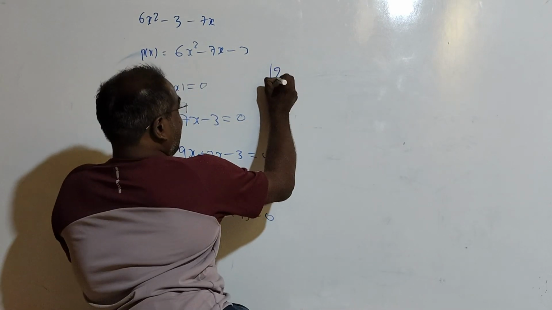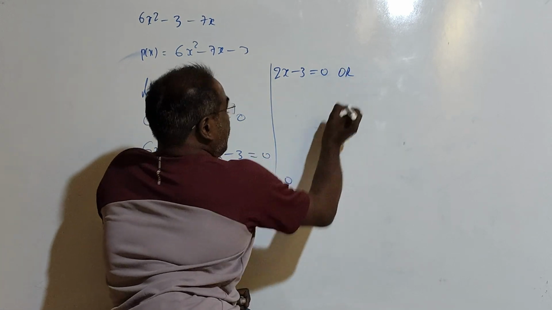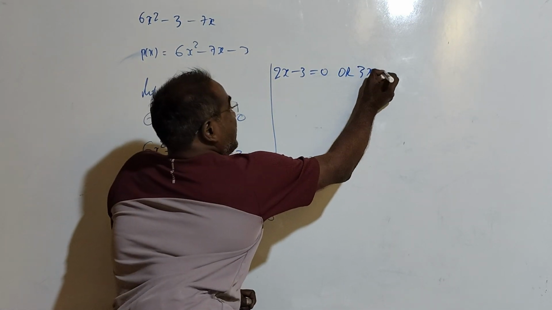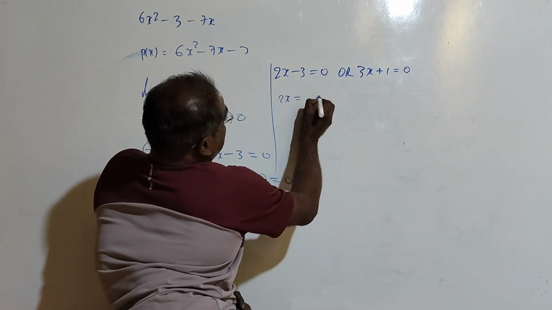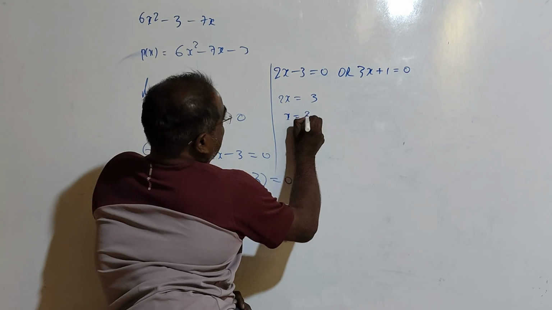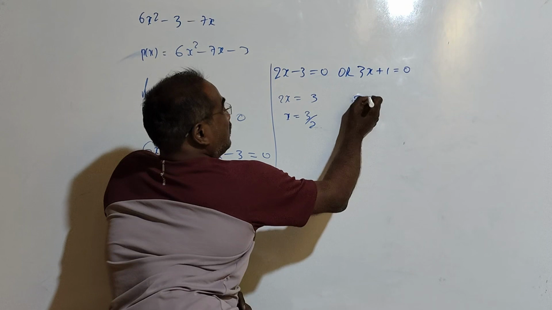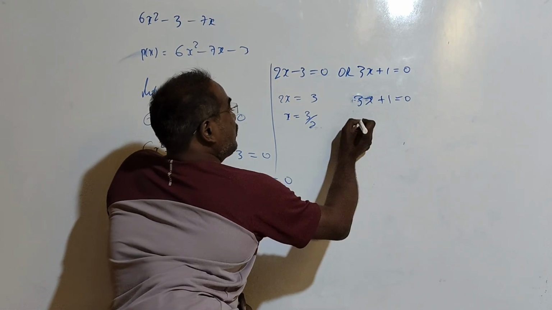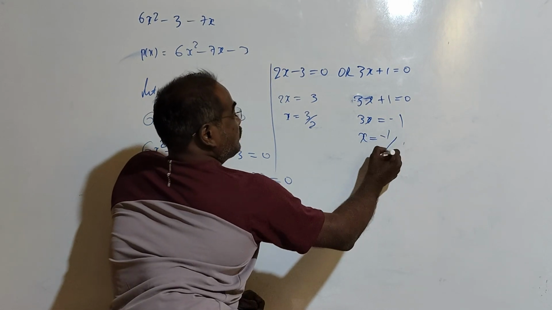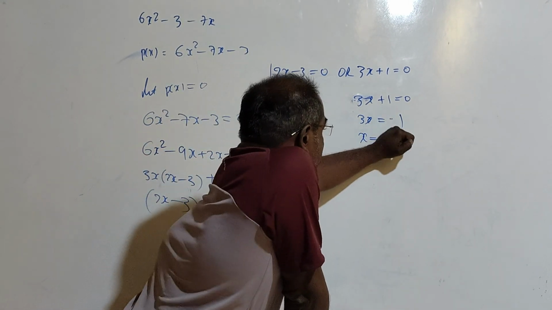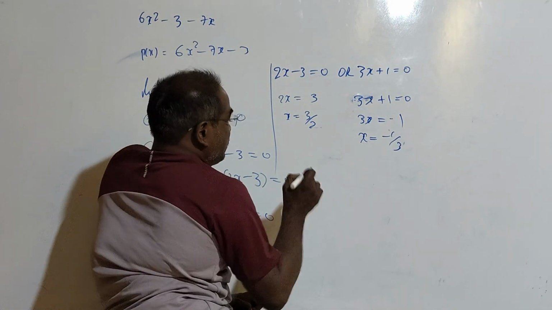After simplifying, it will become 2x minus 3 equal to 0 or 3x plus 1 equal to 0. So 2x equal to 3, x equal to 3 by 2, or 3x equal to minus 1, x equal to minus 1 by 3.